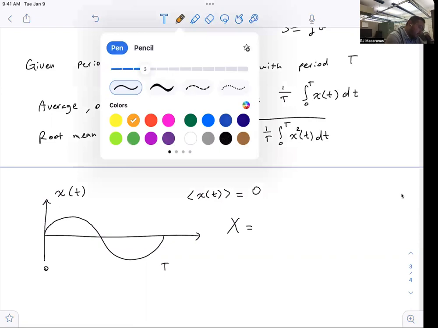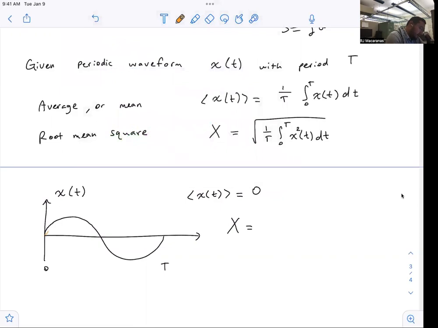So it actually looks more like that, and it'll end up being a little bit less than this peak, but it'll be a positive value nonetheless, which is why root mean square is often a more appropriate measure for power through a resistive circuit especially.